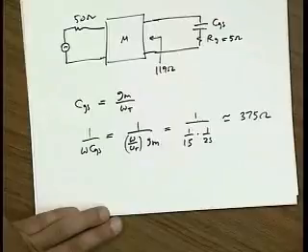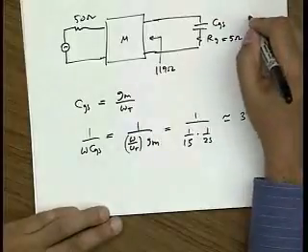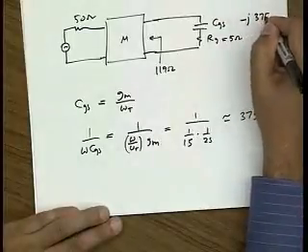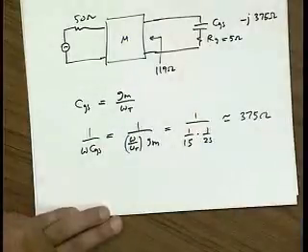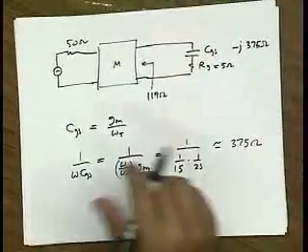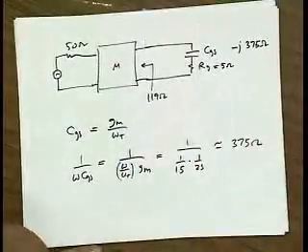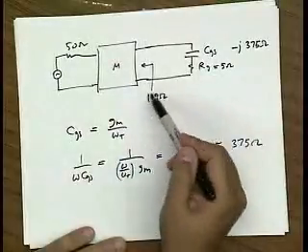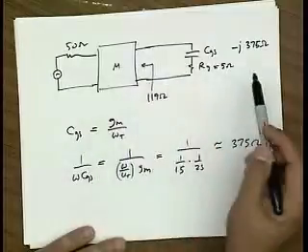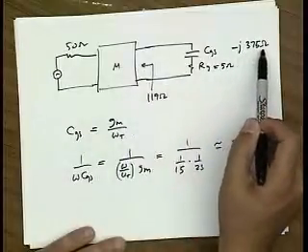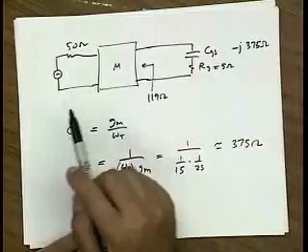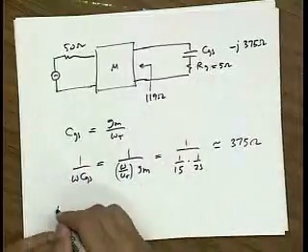So this is minus j 375 ohms. So you can see that there's actually a pretty bad power match, right? If I just hook things up this way, it looks like I have a source of 119 ohms and a load that's minus j 375, real part 5. This is a terrible power match.